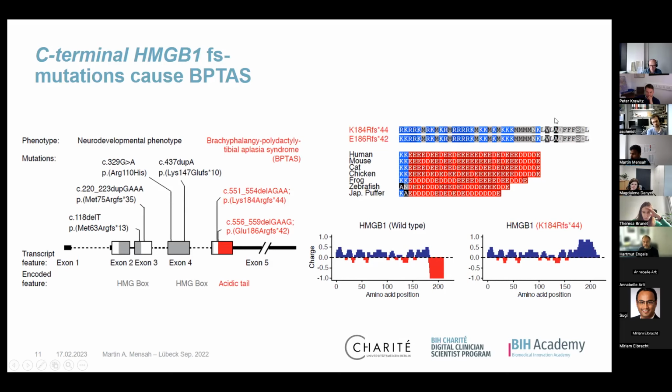This also leads to an altered position of the stop codon, the frameshift. So the stop codon now occurs here, and that's why this tail is a bit longer. And there is a hydrophobic patch to this tail. These amino acids have a hydrophobic character.